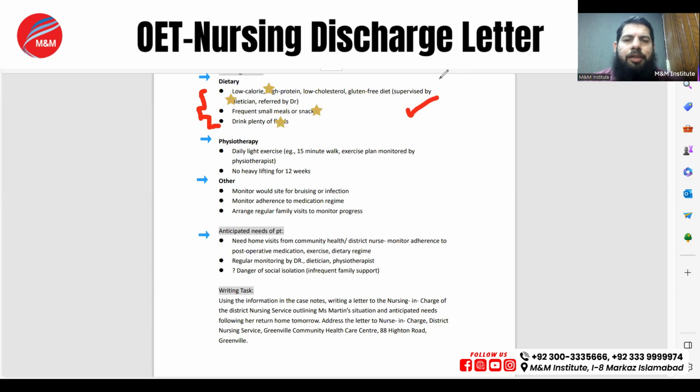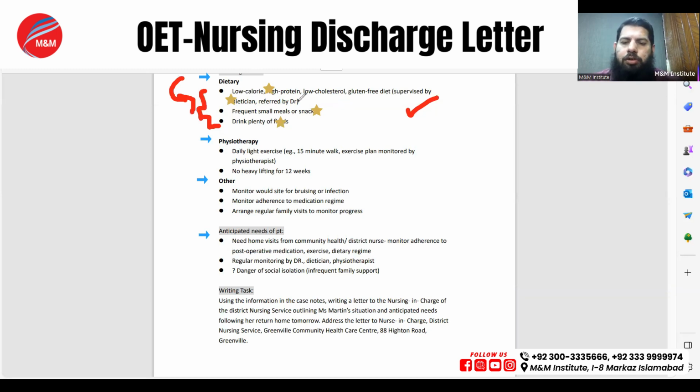Obviously, there must be some type of guideline for the diet that has been followed in the ward. So we'll see what that was, and we try to integrate those particular things. Let's say the patient was tolerating a light diet in the ward, and now it has to continue as a low calorie and light diet. We are just assuming at the moment; we have not seen the case notes.